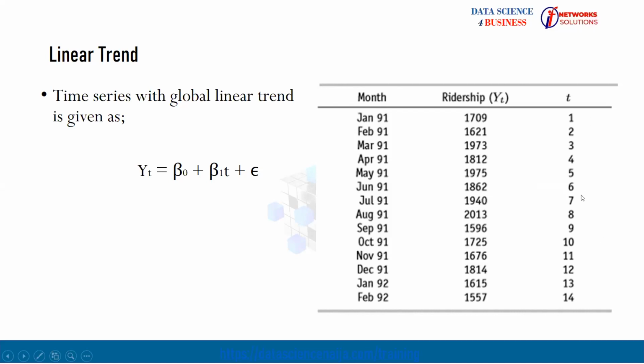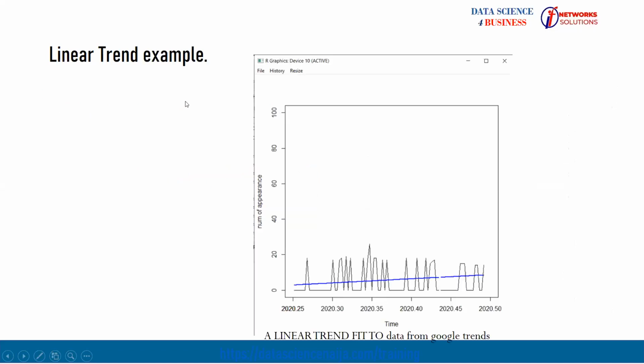So that is the time right there. So we have this t here, and then we have the outcome variable right here, okay? So we are going to continue. If we use this linear trend equation to be able to predict, for example, we could get this output, okay?